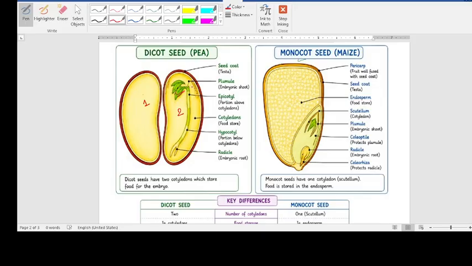Then the plumule is the portion from which the new shoot will emerge, and the radicle is the portion from which the new root will emerge. The portion of the embryonal axis, as I discussed, below the level of the cotyledon is the hypocotyl, and above the level of the cotyledon is the epicotyl. Now these two thick fleshy portions storing food are the cotyledons.